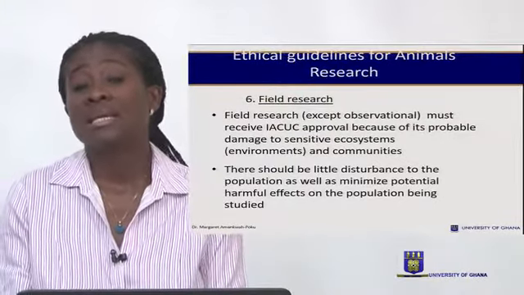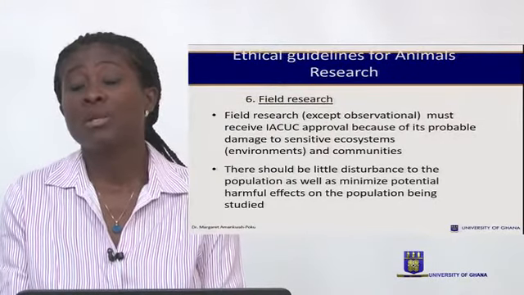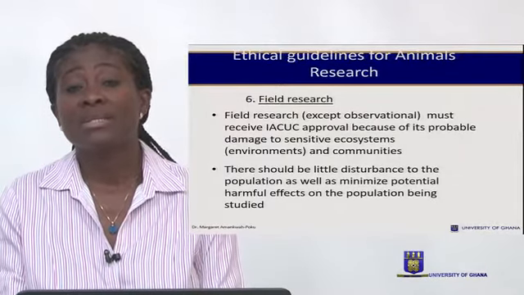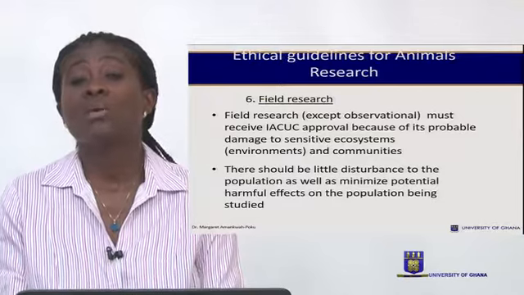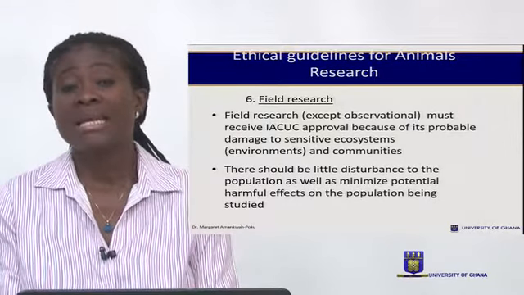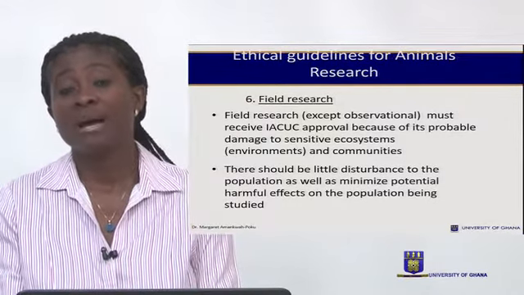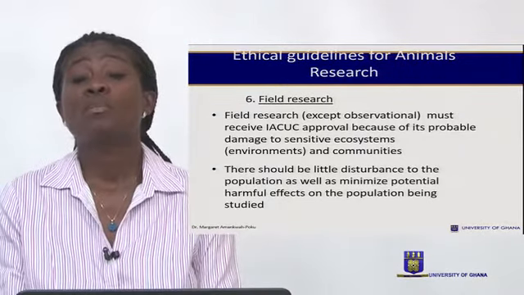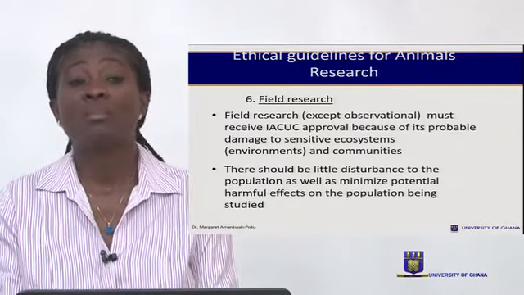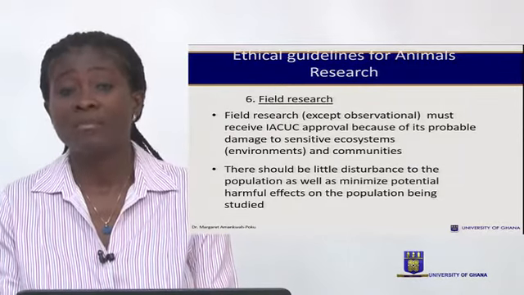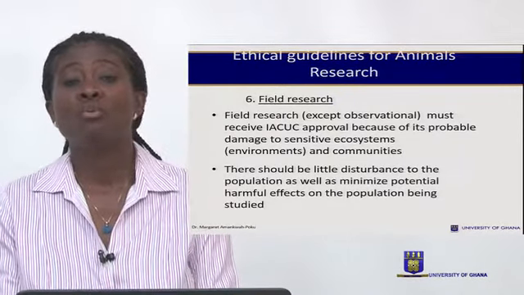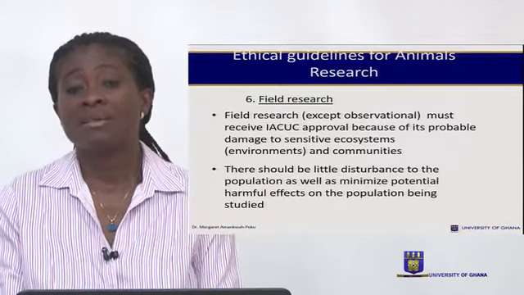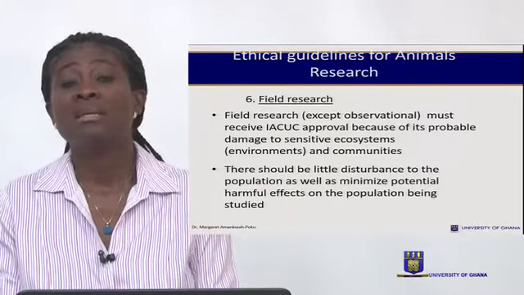So imagine you are studying animals, you are doing observations, you are doing some manipulations. You have to ensure that whatever you do, it doesn't damage the environment in which the animals live in. And there should also be very little disturbance to the population that are around. So as much as possible, you minimize the potential harm or effects on the population that is being studied.